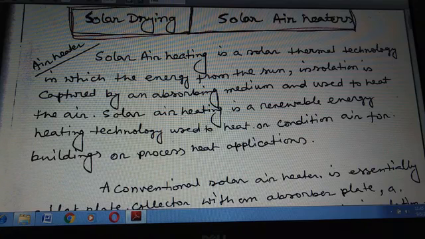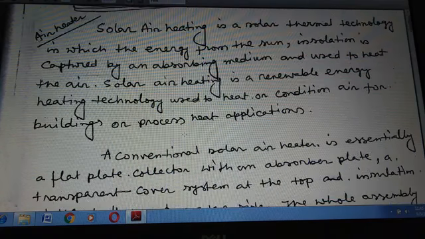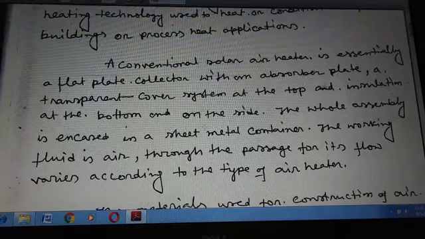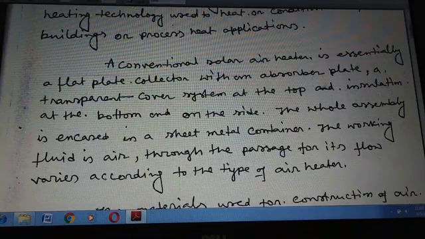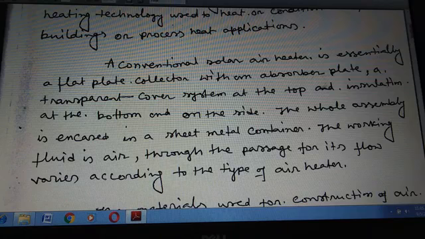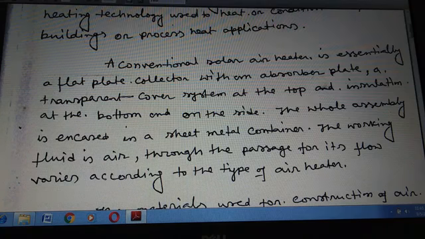Solar air heating is a renewable energy heating technology used to heat or condition air for building or process heat applications. A conventional solar air heater is essentially a flat plate collector with an absorber plate, a transparent cover system at the top and insulation at the bottom and on the sides.